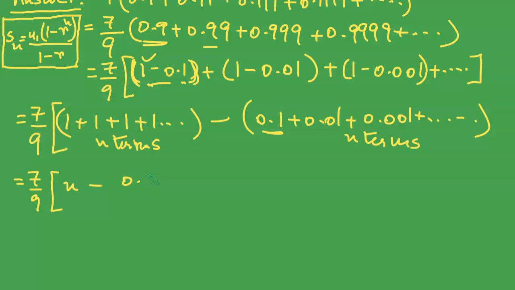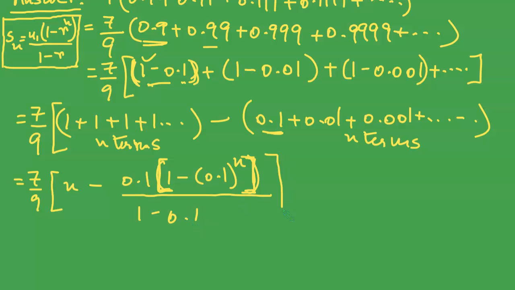So it is 0.1 bracket 1 minus r is equal to 0.1 to the power of n, divided by, I can take this as well, 1 minus the r is 0.1. Okay.